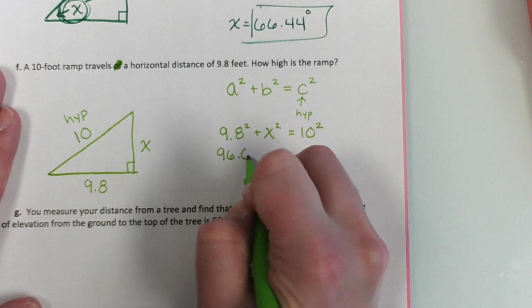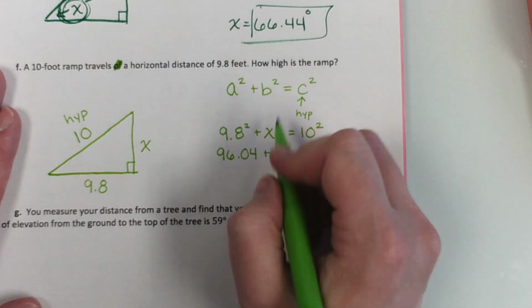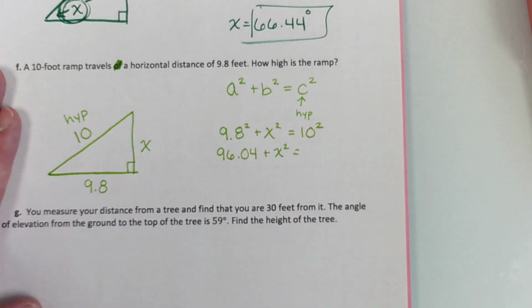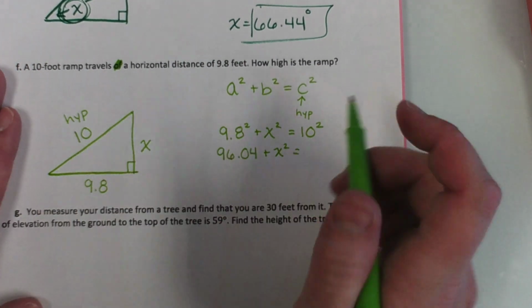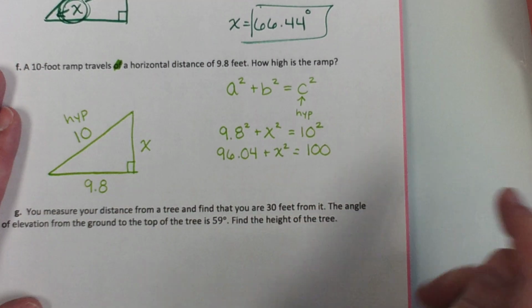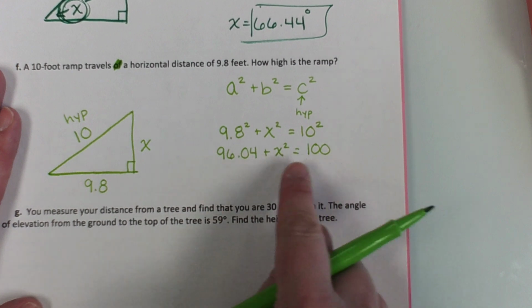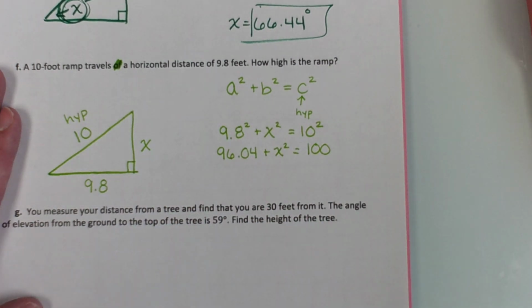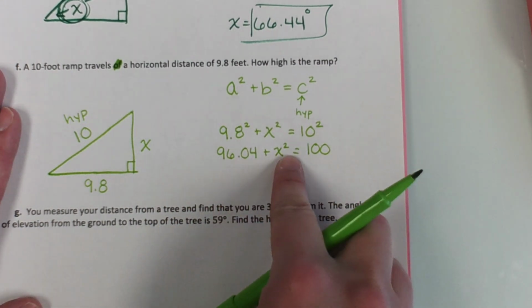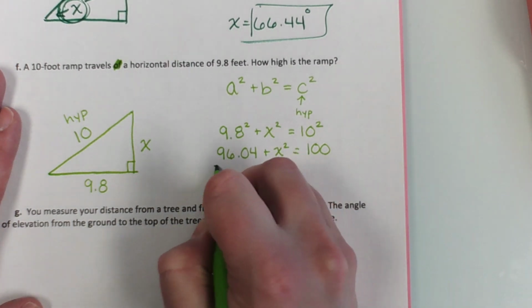Remember, as you're going through and solving, you square first. Depending on if the numbers are together or if they're apart, you either add or subtract. In this case, they're separated by the equal sign, so you subtract.